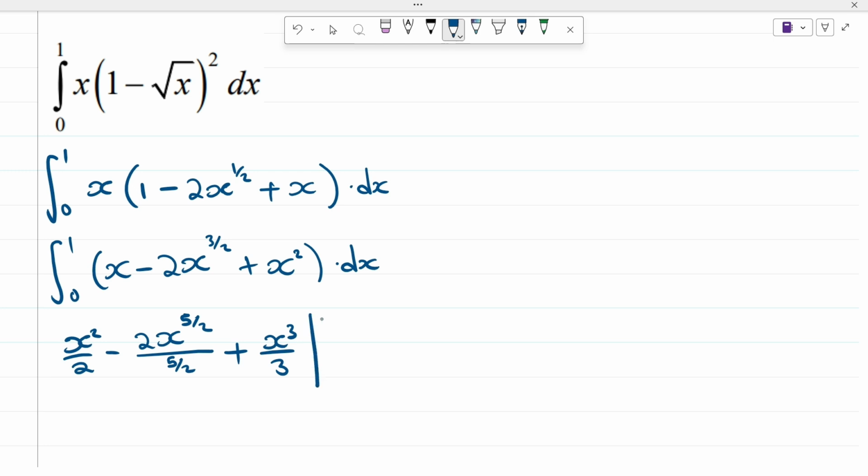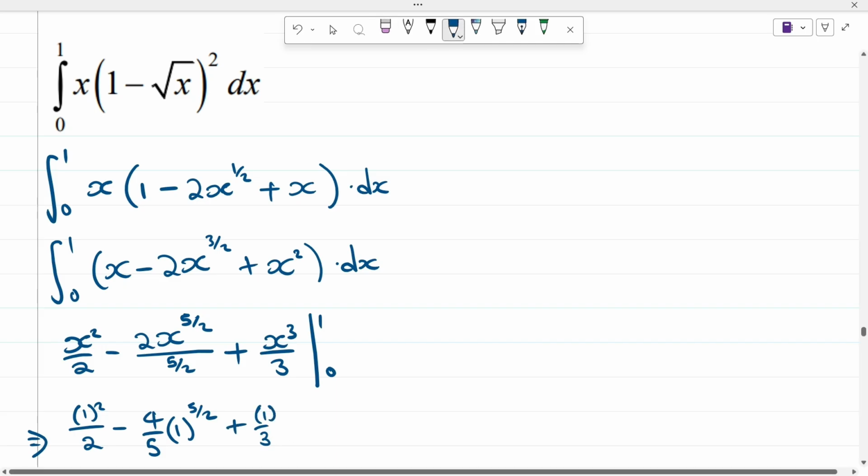You put your limits, 0 to 1. Then you substitute the limits here. This is going to be 1 squared over 2 minus 4 over 5, x being 1, to the power 5 over 2, plus 1 cubed over 3.